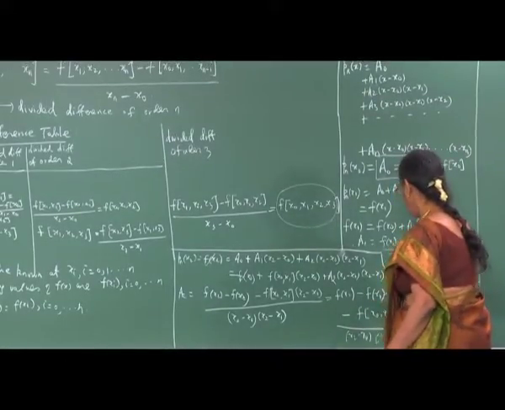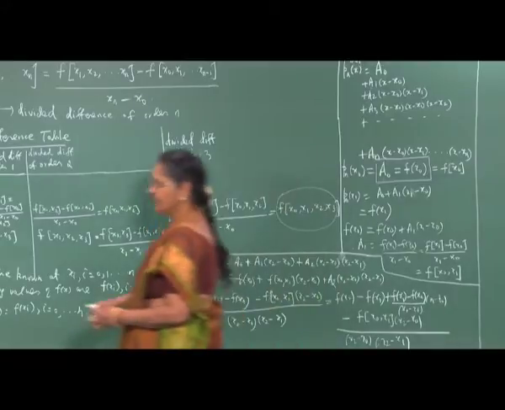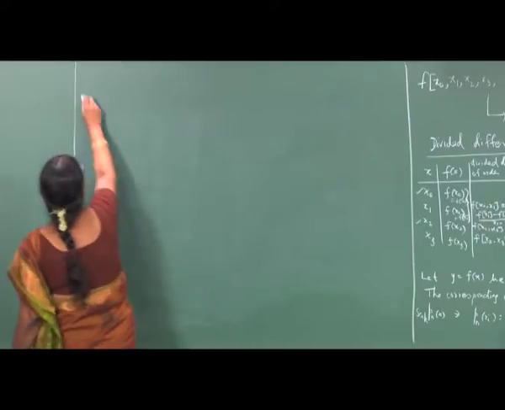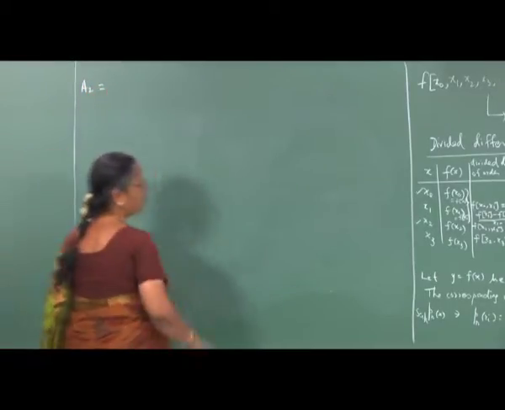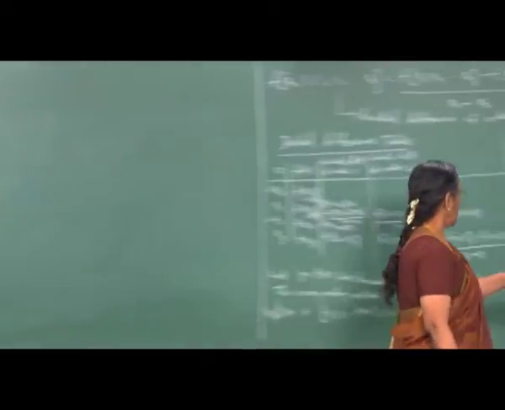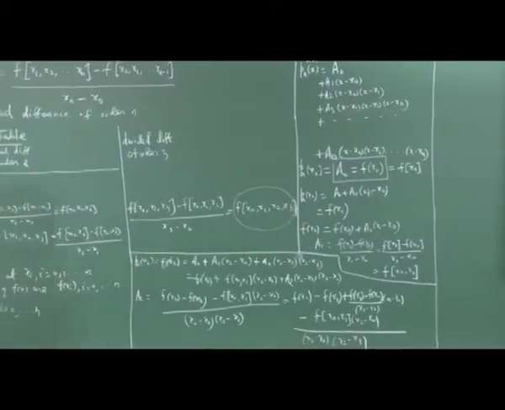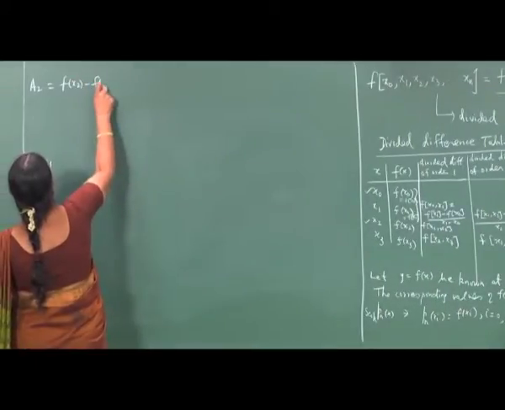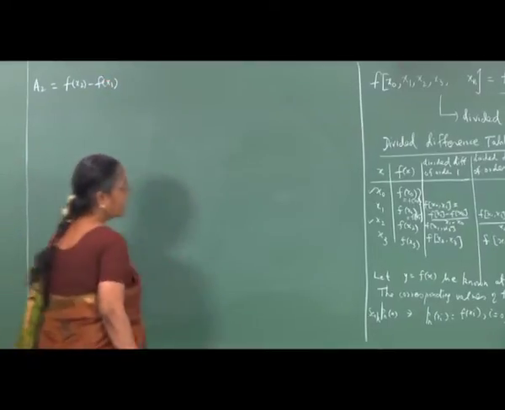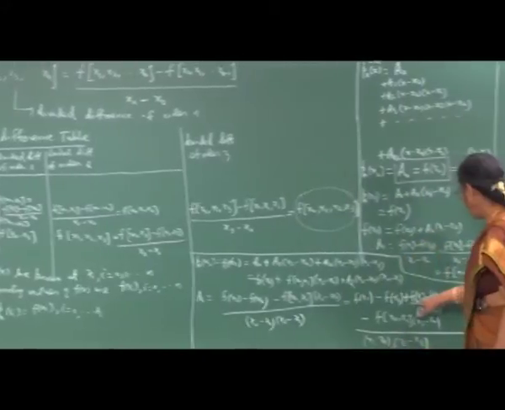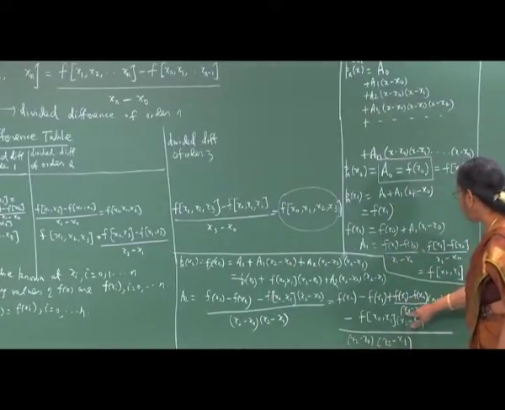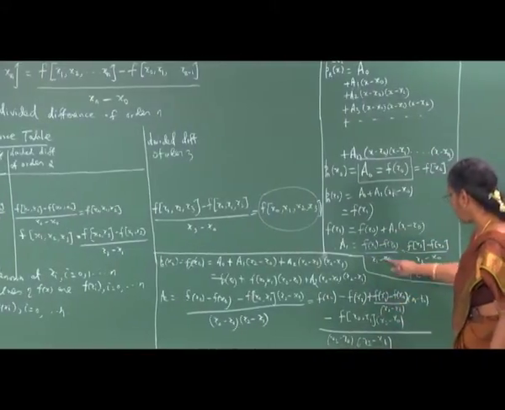So, let us try to see what this gives us. So, a2 will be equal to the first two terms, let us write them as they are, f of x2 minus f of x1. Let us look at the next term. It is f of x1 minus f of x naught by x1 minus x naught.